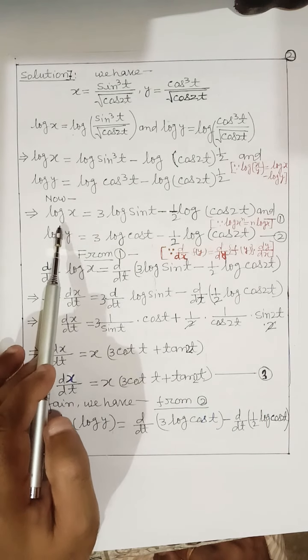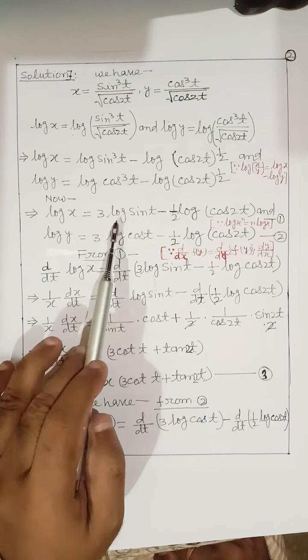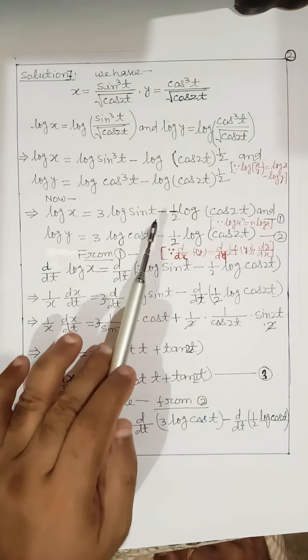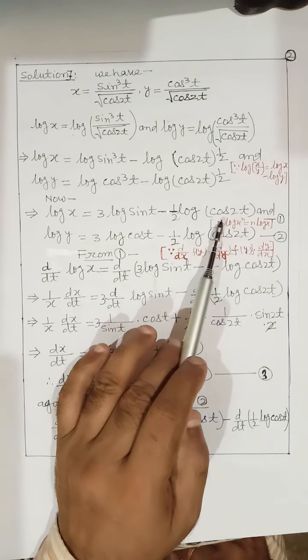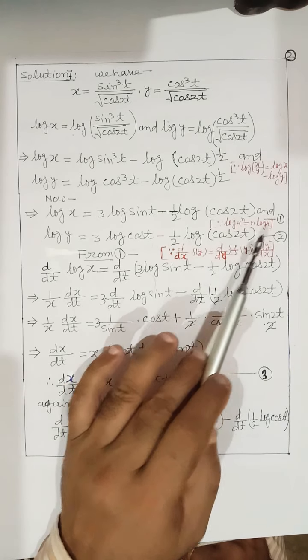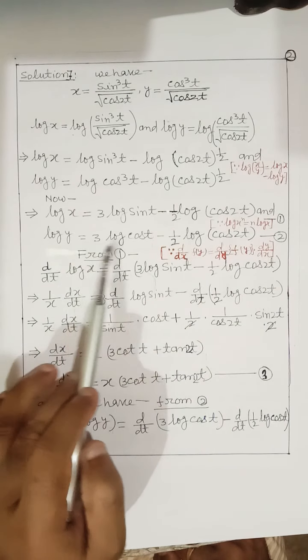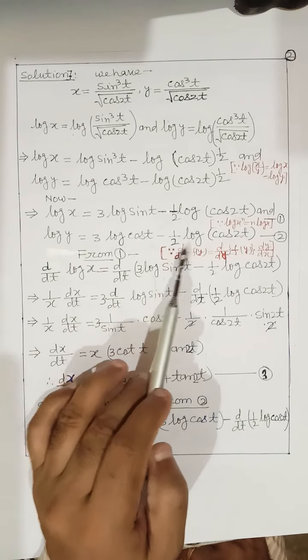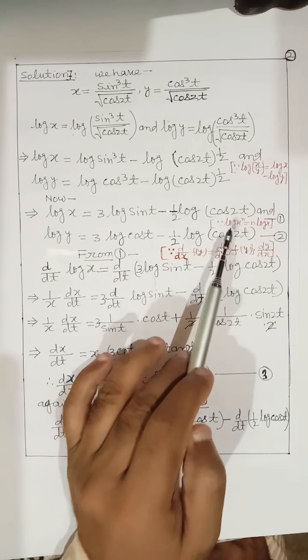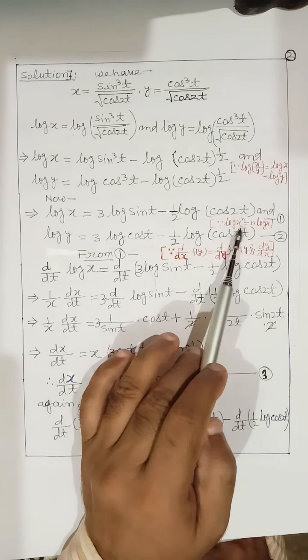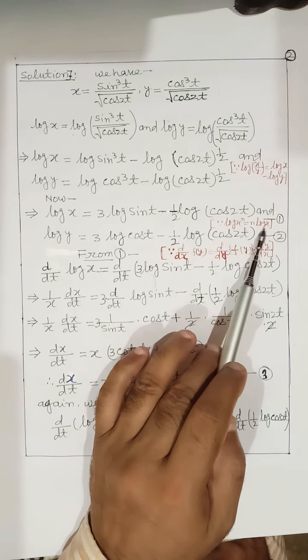So we get log x = 3 log sin t minus 1/2 log cos 2t and log y = 3 log cos t minus 1/2 log cos 2t. Using this law, log xⁿ = n log x.